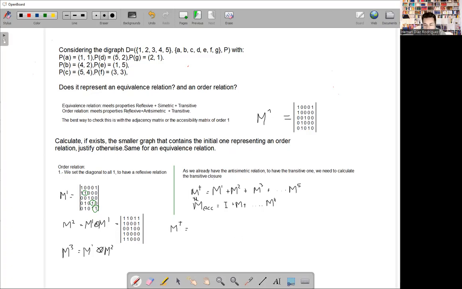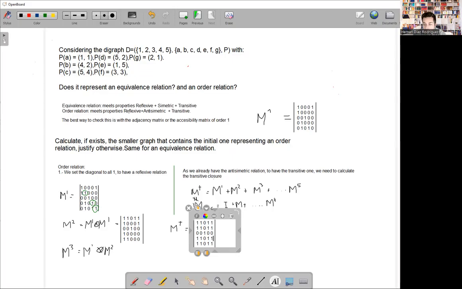And in this case, the transitive closure is, if you make all the calculations, we get this final result. So this is a transitive closure, okay?